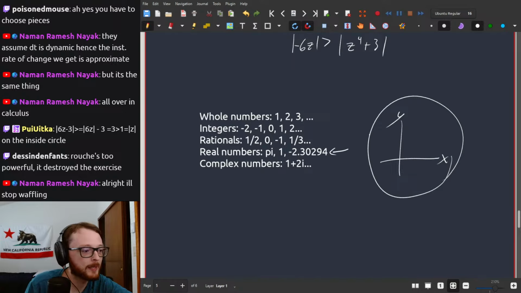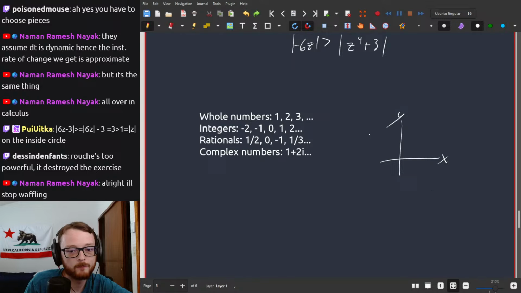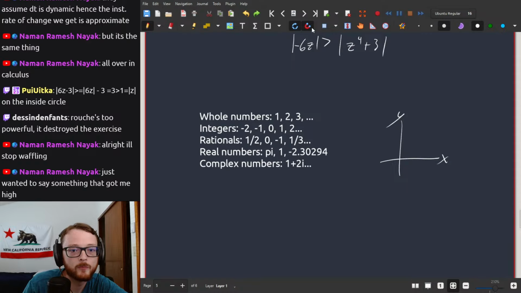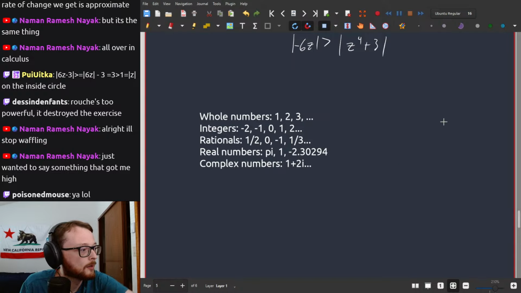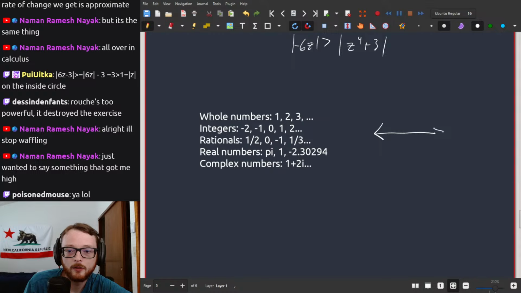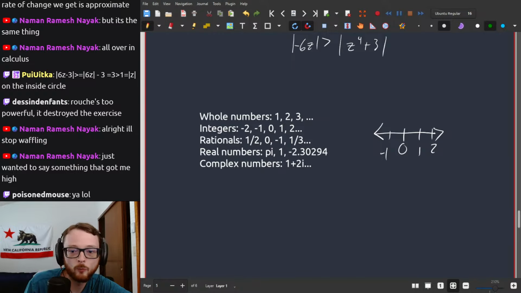It's just a way of representing pairs of real numbers visually. We can also represent them one-dimensionally on a number line. So at some point you probably have done them like 0, 1, -1, 2. I can say that the real number 1 is right here on the number line. Pi is somewhere over here.